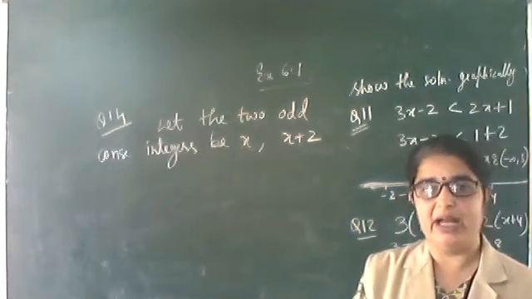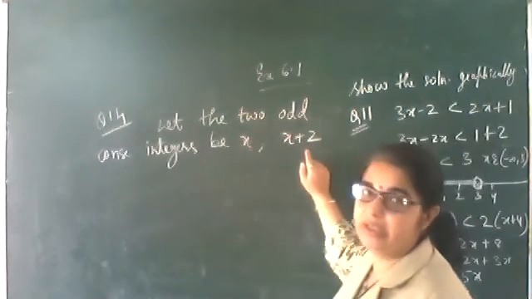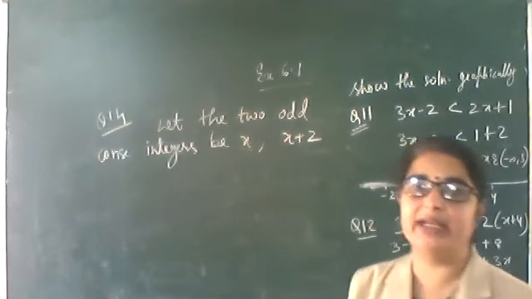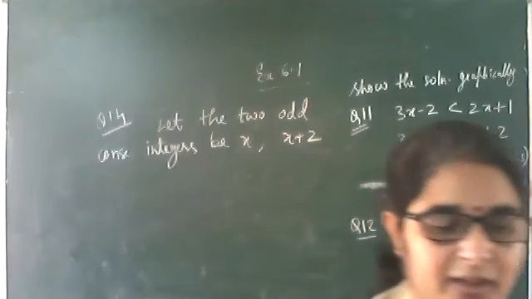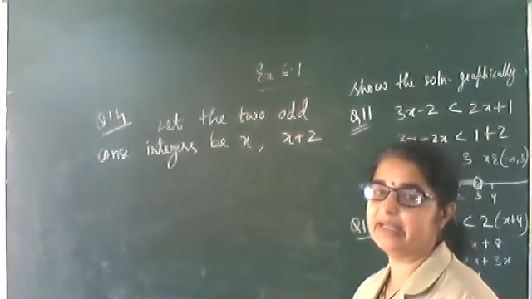Can we say this? अगर x एक odd integer है तो उसका next odd integer क्या होगा? x plus 2 होगा. क्लियर? अगर मैं बोलूं x एक इंटीजर है 3 तो नेक्स्ट इंटीजर क्या होगा? 3 plus 2, 5. क्लियर? So we are having, let the two odd consecutive integers be x and x plus 2.